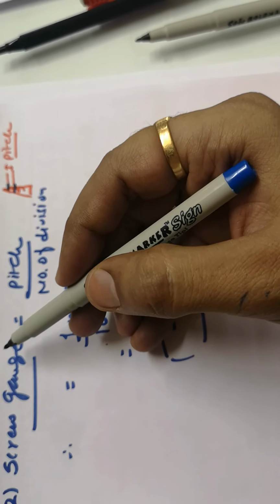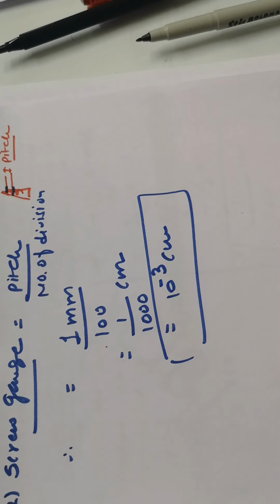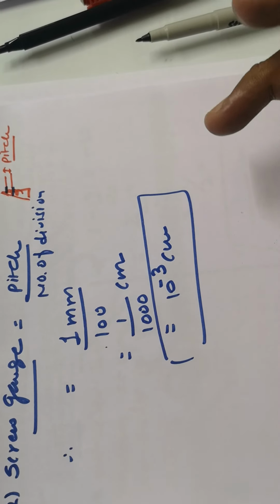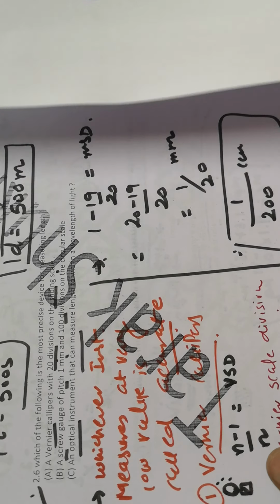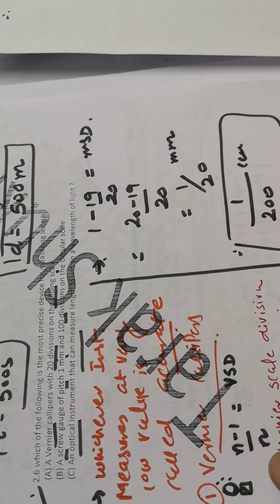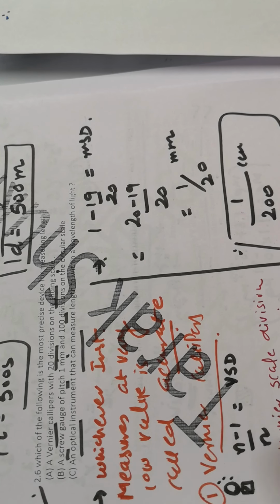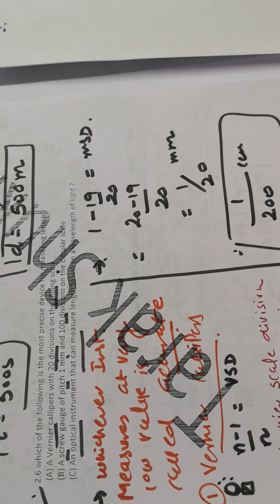Such type of questions have already been asked in your JEE and NEET exams, so always remember such formulas. So for the previous part we have discussed that for vernier calipers, it is number of divisions minus 1 upon n total, and then it is again subtracted from 1, that will give you its capacity to measure the data.